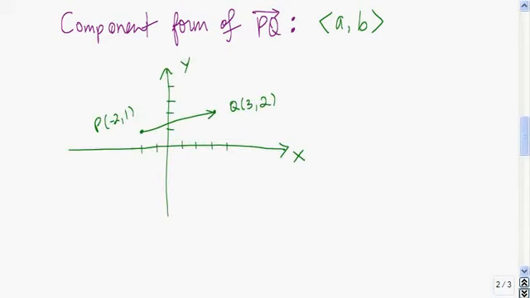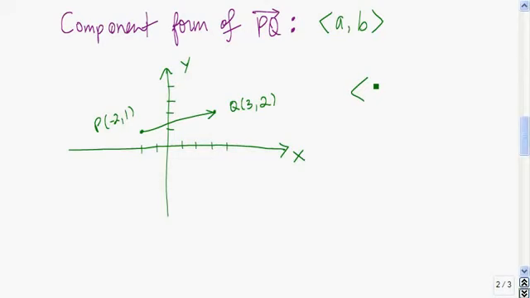So let me illustrate this through an example. Here I have the vector PQ that has a tail at -2, 1 and a head at 3, 2. To get the x component of this vector PQ, I have to figure out how much I need to add to -2 to get to 3. So we see that we have 1, 2, 3, 4, 5. So we have to go 5 units in the positive x direction.